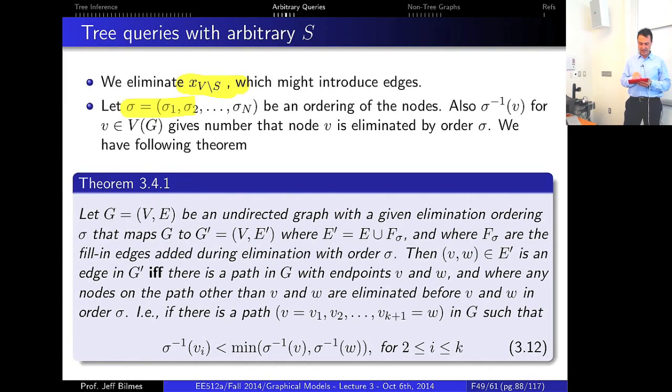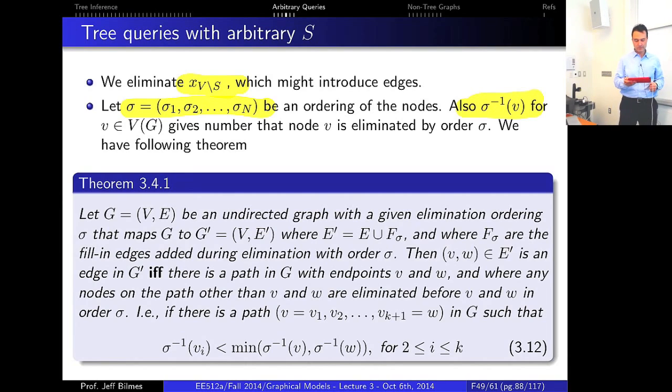Let's say that sigma is this ordering. And just notationally, for a given vertex v, sigma inverse of v is the number associated with that ordering. So sigma is the mapping from number to vertex, and sigma inverse is a mapping from vertex to the number corresponding to the order in which that vertex is eliminated.